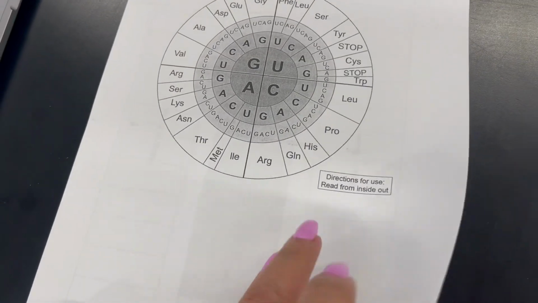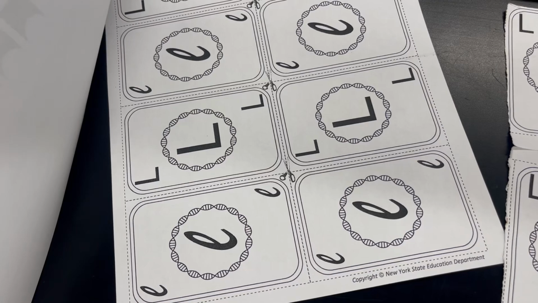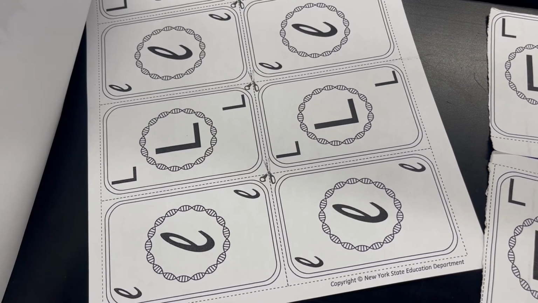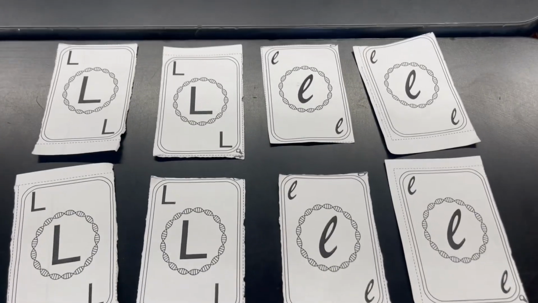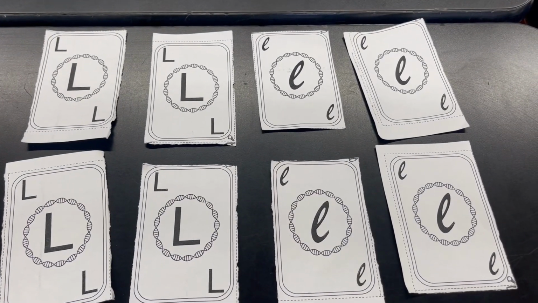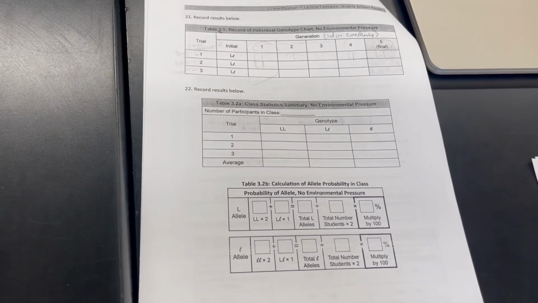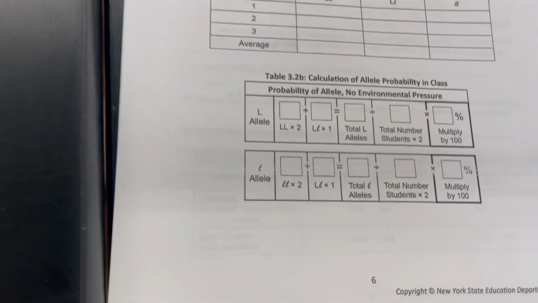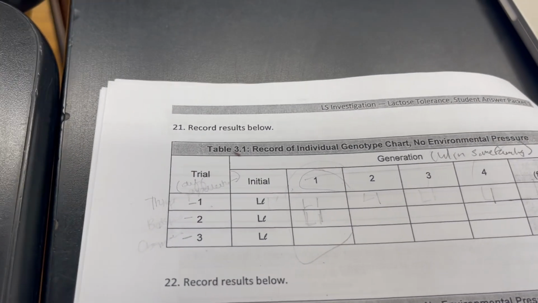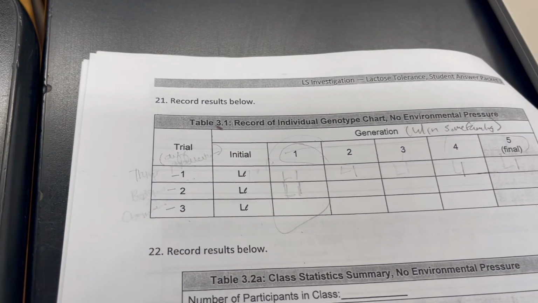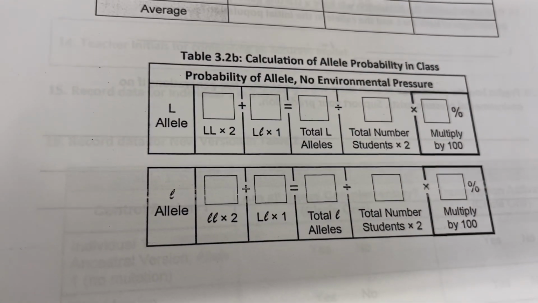You're going to turn to the last page, separate that, and cut each allele so that you have 8 alleles for the simulation. You also need your student answer packet. Turn to page 6 where you're going to be recording your data in number 21, 22, and then table 3.2b.